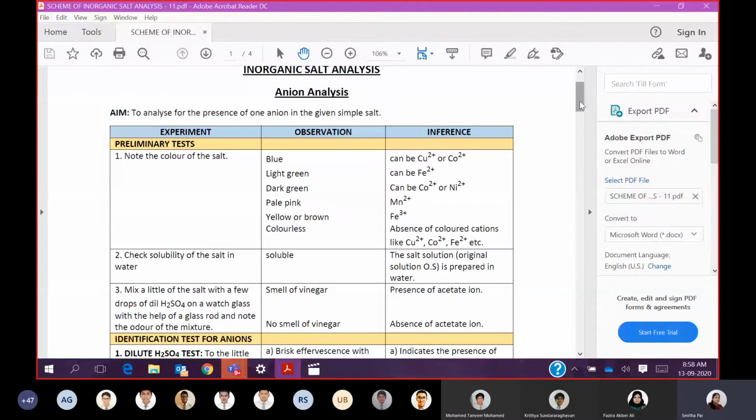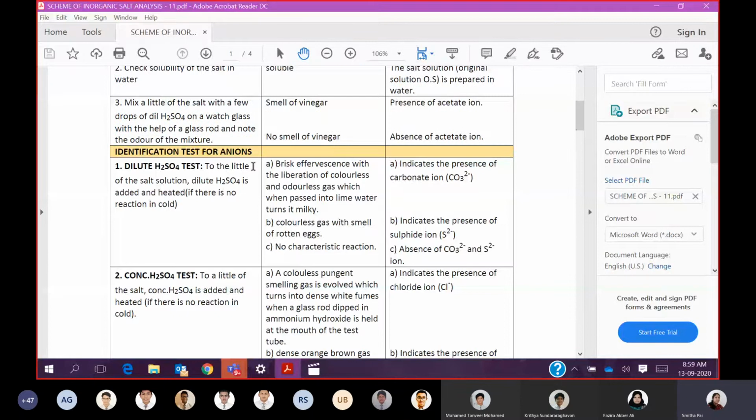First you checked the color, it was colorless. Then it was dissolved in water, it was soluble. Later on, the identification test was done using dilute H2SO4. Now by performing the dilute H2SO4 test, you have seen only the observation, the brisk effervescence with the liberation of a colorless, odorless gas. So once you get brisk effervescence, you are identifying the anion as carbonate.